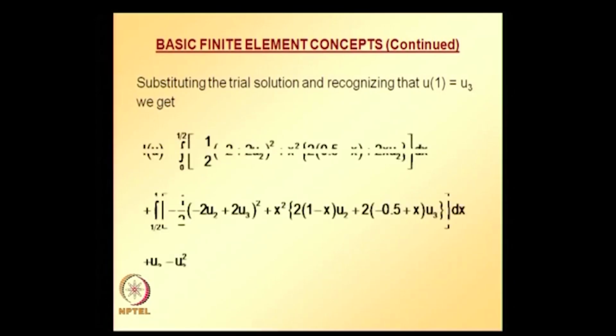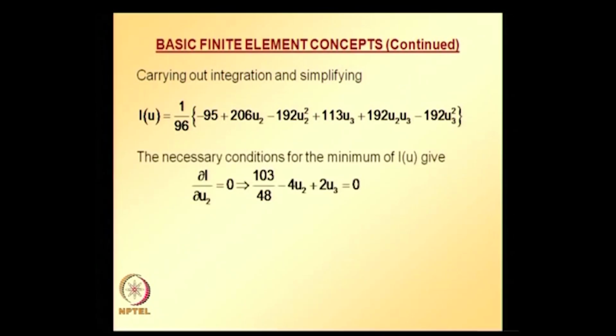Substituting that information, I as a function of u turns out to be this, and simplifying this integral you get I as a function of u2 and u3, and then applying the stationarity conditions, you get 2 equations, 2 unknowns.